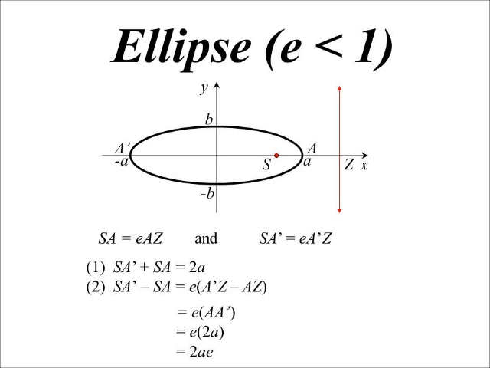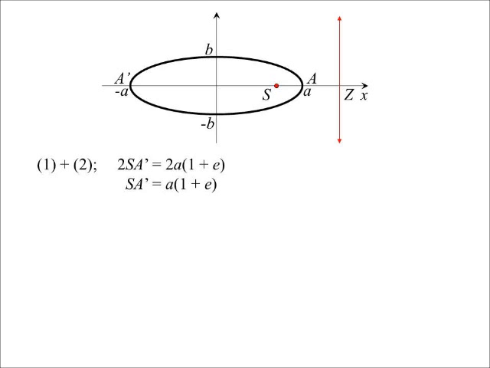So SA dash minus SA is 2AE, SA dash plus SA is 2A. Now we can do our simultaneous equations. Add them together and I get that S to A dash is A(1 + E). Subtract them and I get that SA is A(1 - E).